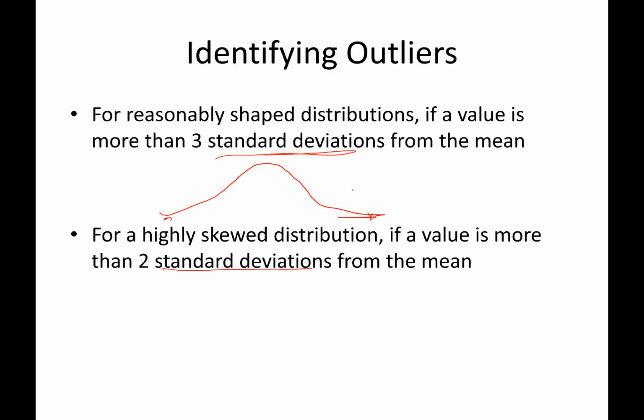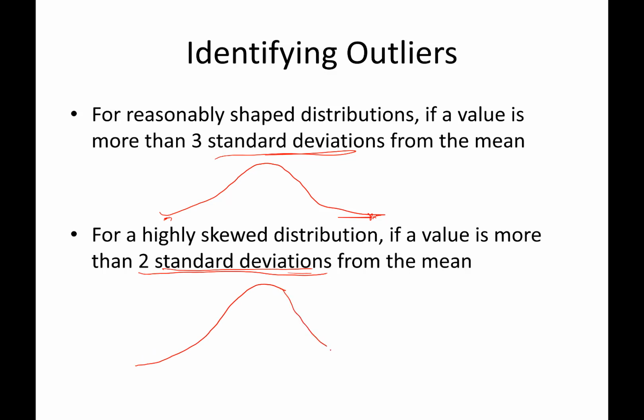That's for reasonably shaped, usually symmetric, bell-shaped distributions, which is usually what we're thinking of here. But if you've got a skewed distribution, or really for any distribution, anything more than 2 standard deviations from the mean is a potential outlier. This is the definition we usually look at: 2 standard deviations.